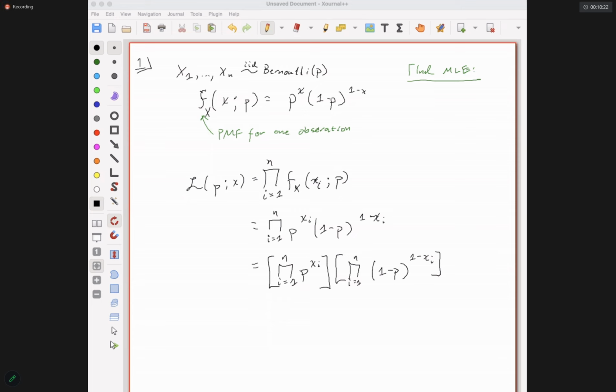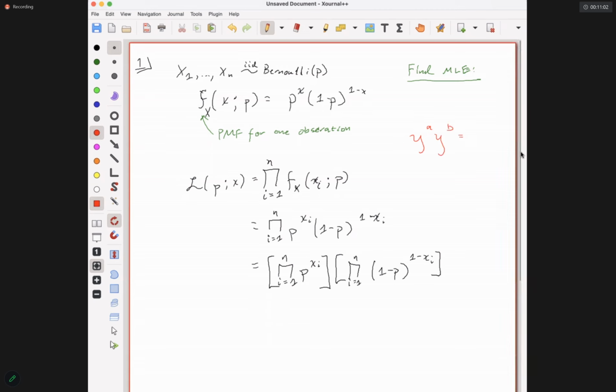Distribute it how? We've got a product here that is the product of a bunch of things with the same base raised to certain exponents. So if we're multiplying things with the same base, how can we simplify that? Let's say I'm multiplying y to the a times y to the b.